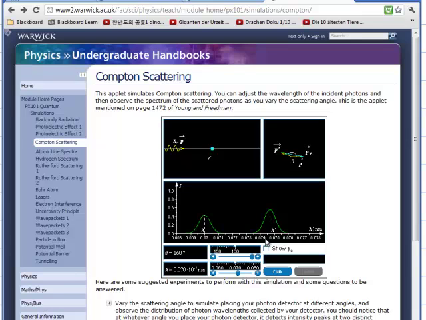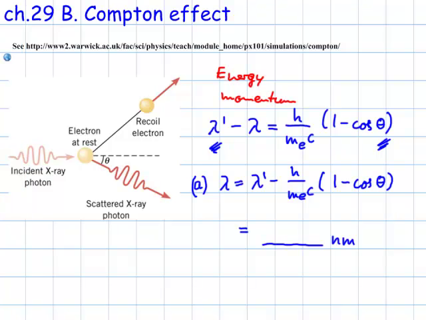So notice that 46 here in the back, and compare that to what is given in the problem, where lambda prime is given as 0.1867 nanometers. So subtract here that 46 that I had mentioned, and you come out with 0.1821. In that neighborhood is where the answer is going to be.